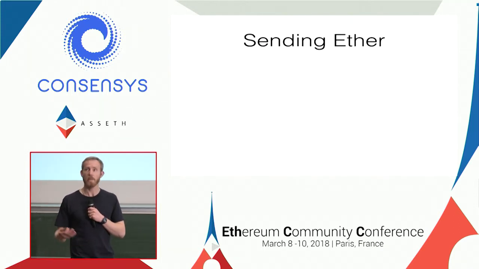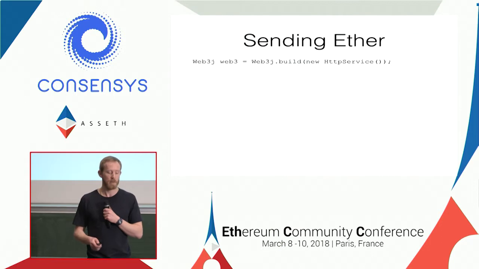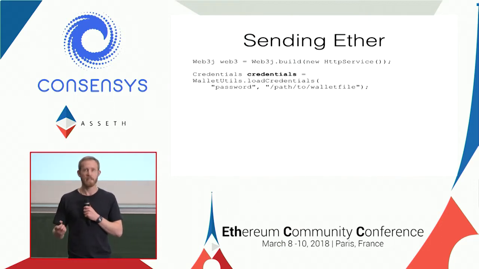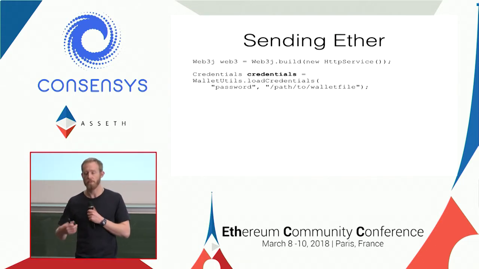Again, send Ether being one of the core things that we want to do in Ethereum. We create a web3j instance. Then we also have a credentials object. So if you've got a private key, if it's in a file or if you're using an Ethereum wallet file, whatever format you've got it in, you can load up these credential objects.